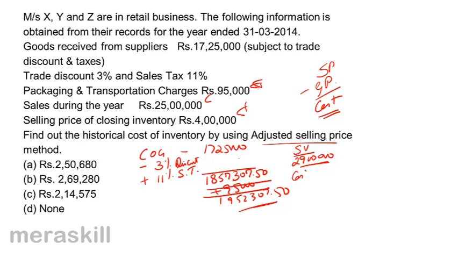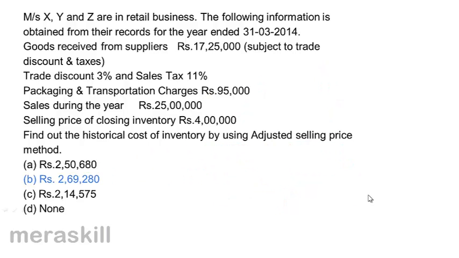Therefore, the cost under the adjusted selling price method is 19,52,307 divided by 29 lakh into 4 lakh, which equals 2,69,280. The correct answer should be B, 2,69,280.